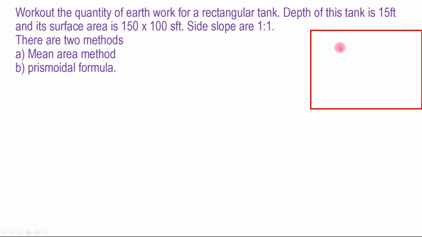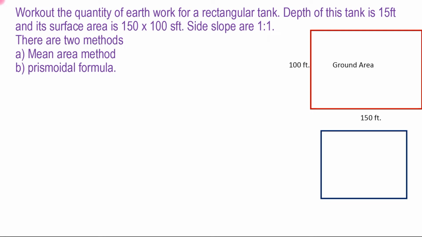We have a rectangular top surface with length 150 and breadth 100 feet, and the ground area is required for this calculation. With the help of the 1:1 ratio, we calculate the bottom area. First we use the mean area method, and second we use the prism model method.